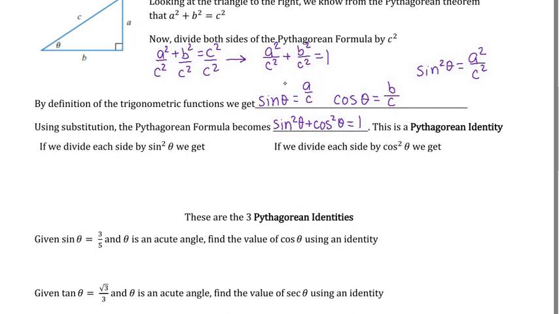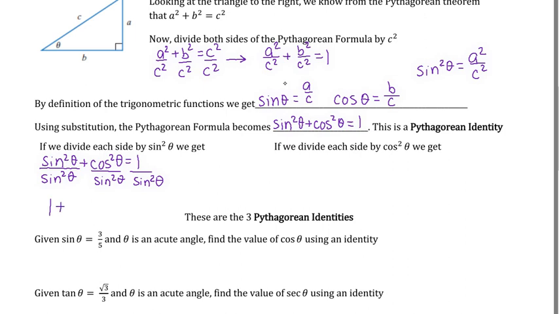Now let's take it a little further. With that, we have sine squared theta plus cosine squared theta equals 1. And if we divide everything by sine squared theta, what that gives us, sine squared theta divided by sine squared theta is equal to 1.